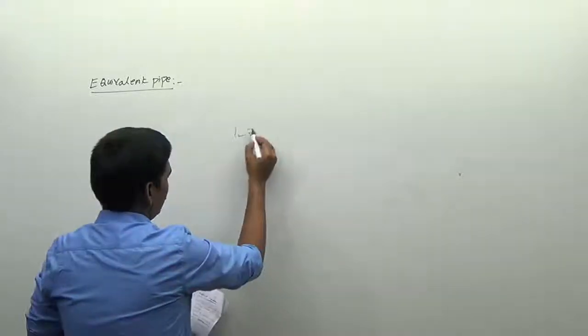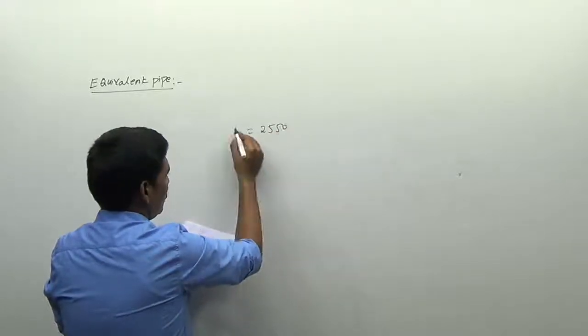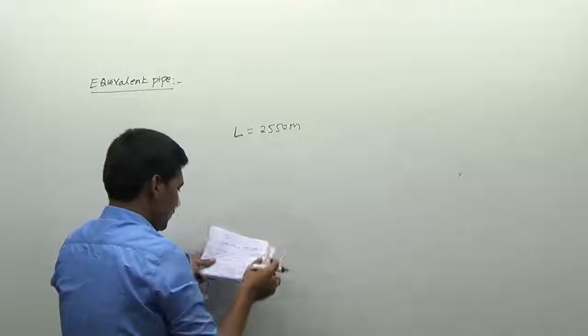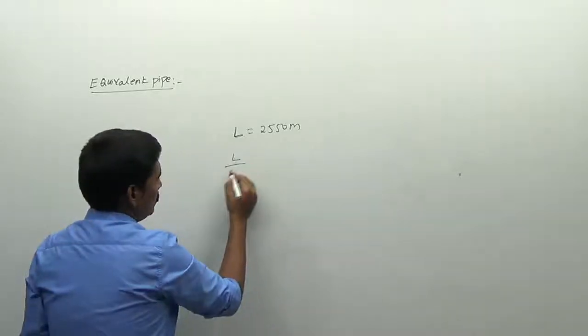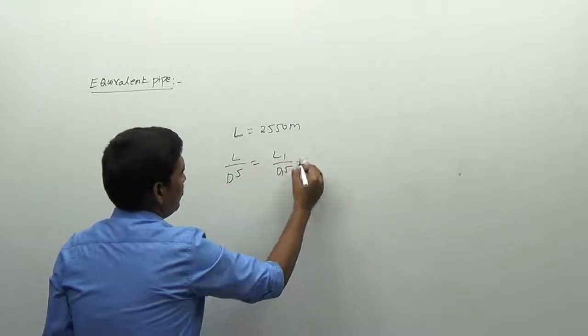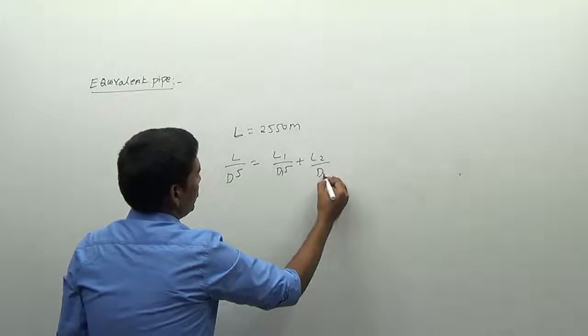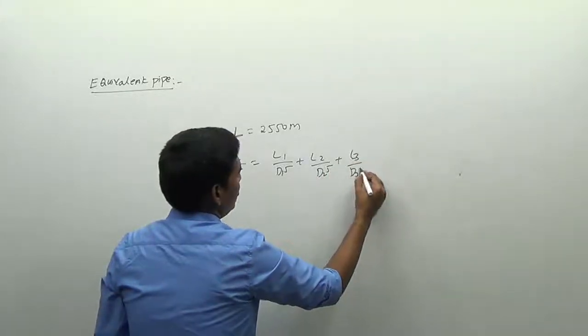So, we need to write the values once again. The length is equal to 2550 meters. Therefore, by using the relation, L by D power 5 equals L1 by D1 power 5 plus L2 by D2 power 5 plus L3 by D3 power 5.